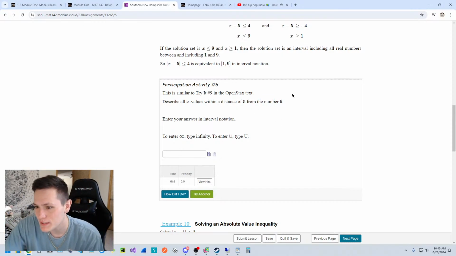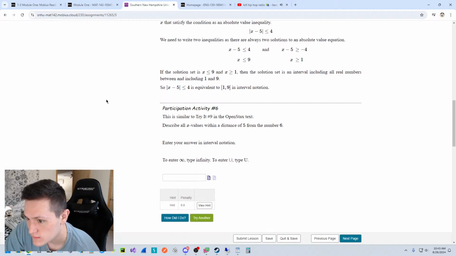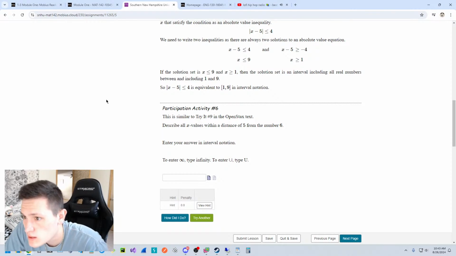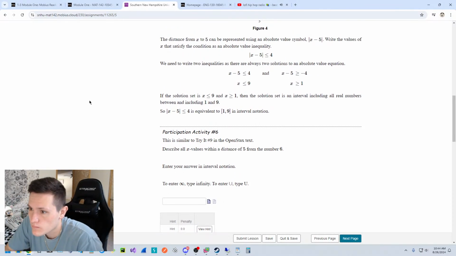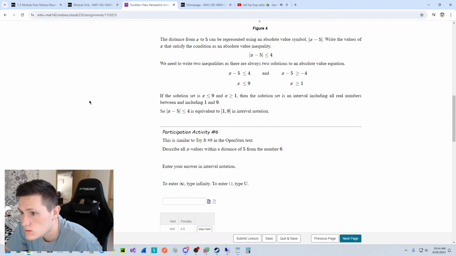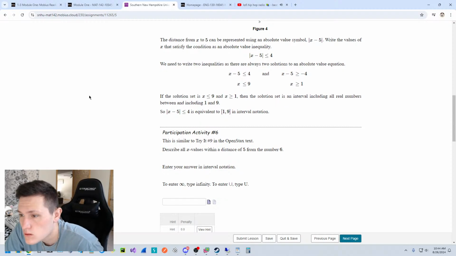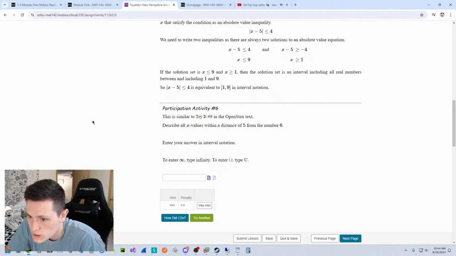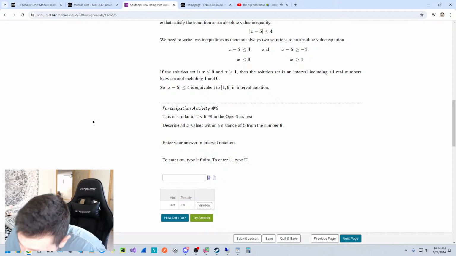Two numbers. This makes more sense. So, basically, would you set it up as x?